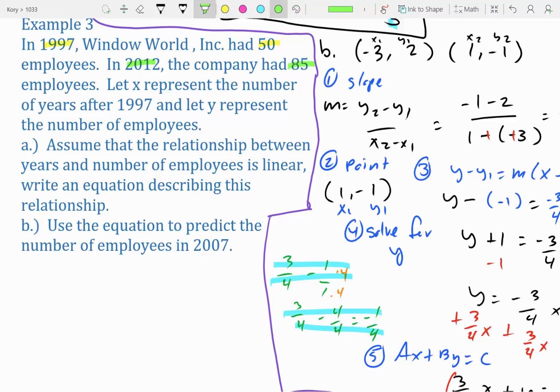So we have 2 points here. Our first point is 1997 and 50. We know that 1997 is x because we let x represent the number of years, and y represent the number of employees. And then our second set is 2012 and 85.